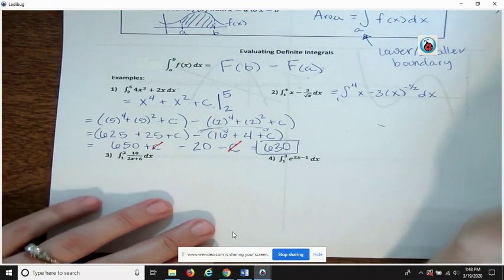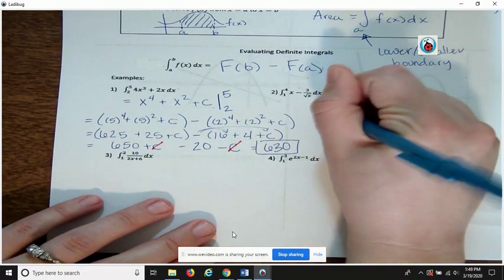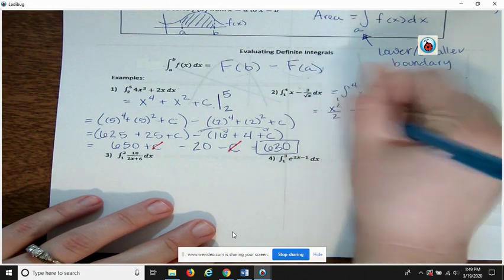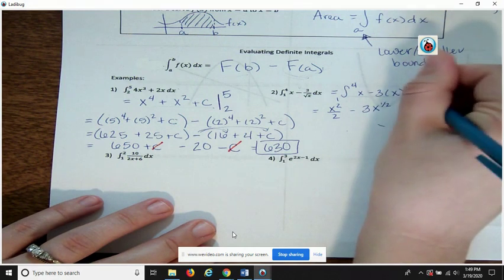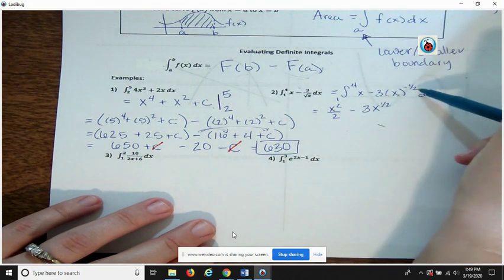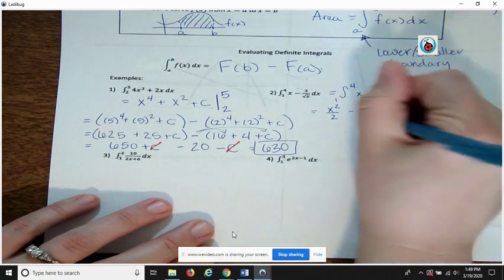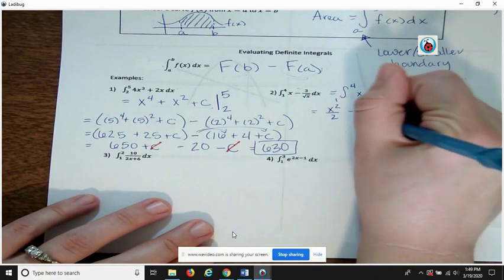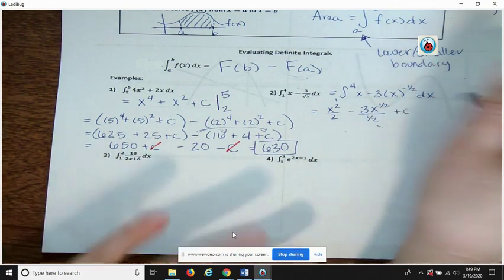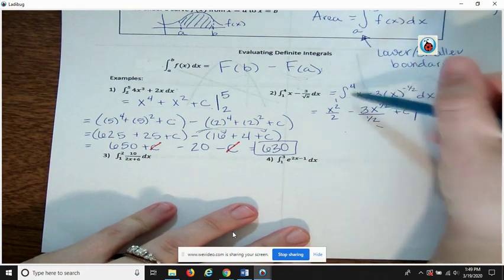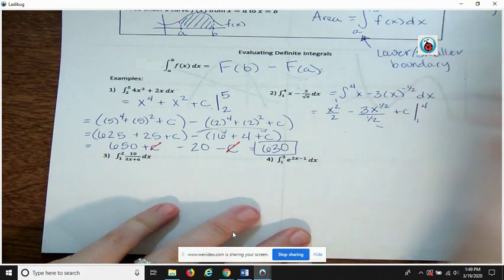So now when I integrate, I have x squared over 2 minus 3 x to the 1/2, because I added 1 to this power, negative 1/2 plus 1 is positive 1/2. And then I'm going to divide that by my new power, which was 1/2. And then I'll have plus c. And don't forget that because this is a definite integral, you have to write this little bar with our limits of integration from 1 to 4.